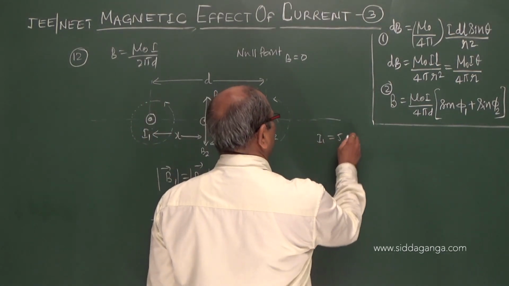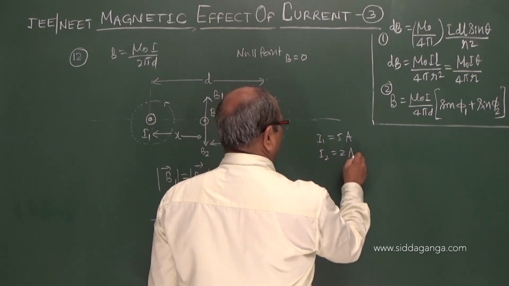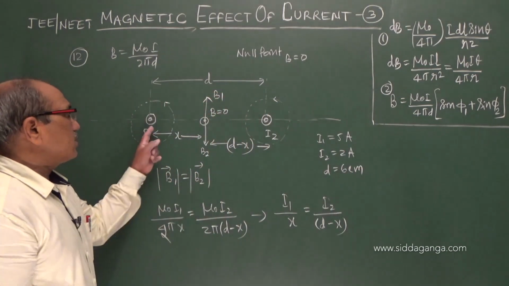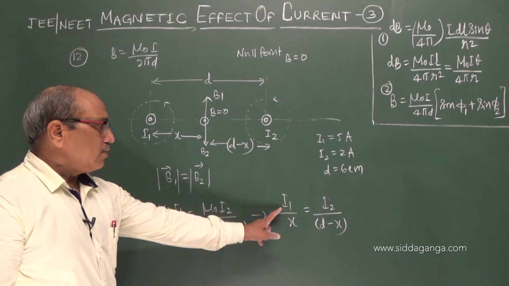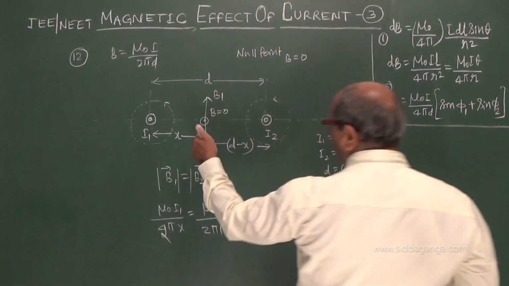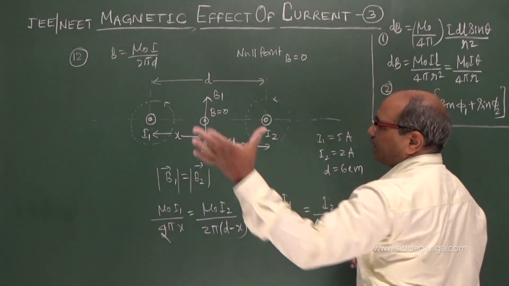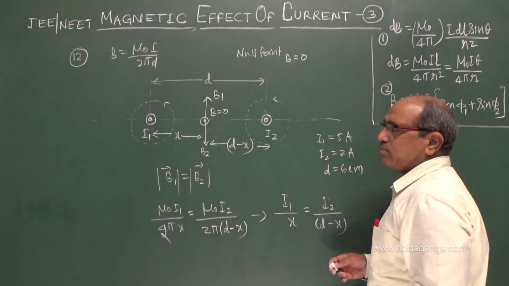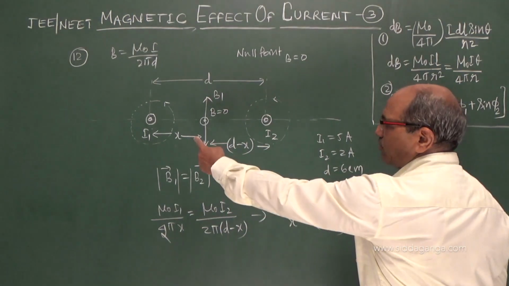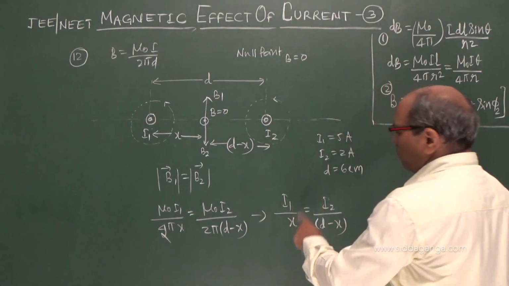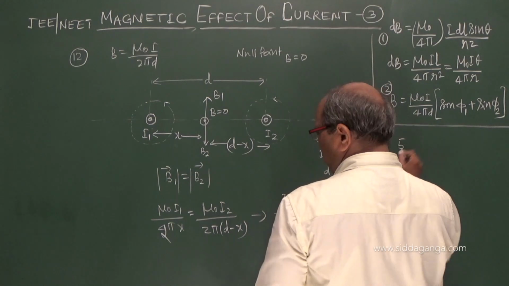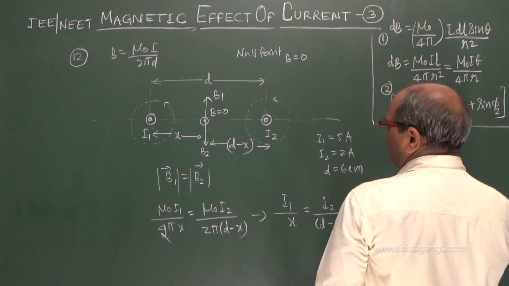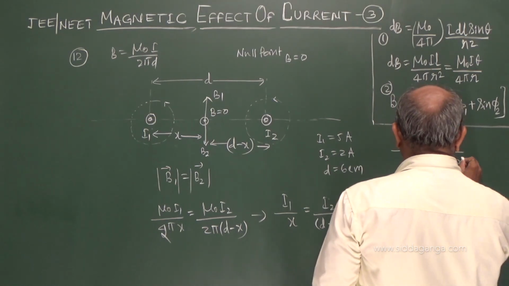Suppose you want to solve a problem. Let us take I1 as 5 ampere, I2 as 2 ampere and D as 6 centimeter apart. Where is the null point? It is in between, since both carry the current in the same direction in infinitely long parallel conductors. At a distance of x from I1, 5 divided by x is equal to 2 divided by (6 minus x).